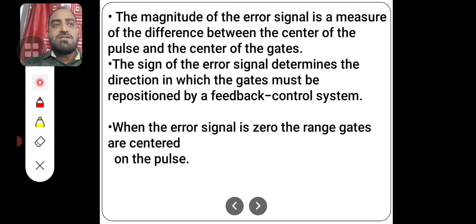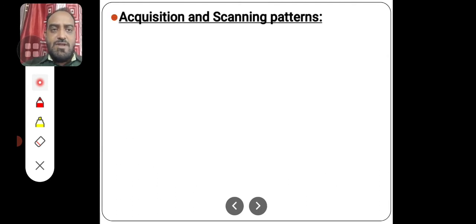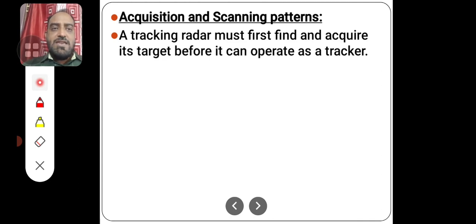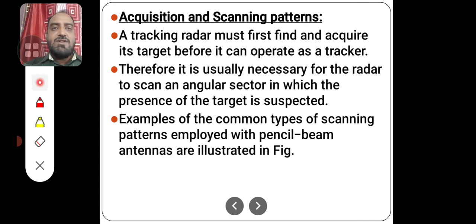The magnitude of the error signal is a measure of the difference between the center of the pulse and the center of the gates. The sign of the error signal will determine the direction in which the motor should rotate. And if the error is 0, we can consider the target is at the center of the axis.